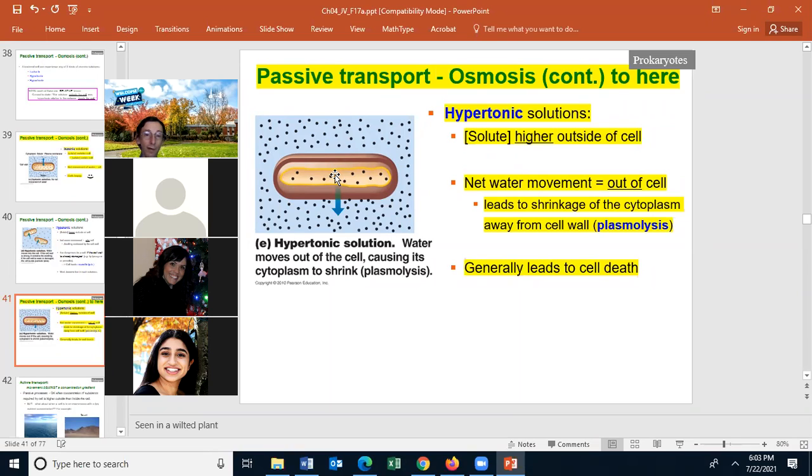For many bacterial cells, this can lead to death, like Streptococcus pyogenes, which causes strep throat. If this were to happen to the cell, it would die. E. coli, it will lead to death, although I'm not sure how long the E. coli can survive this way, but it will kill the E. coli cell.